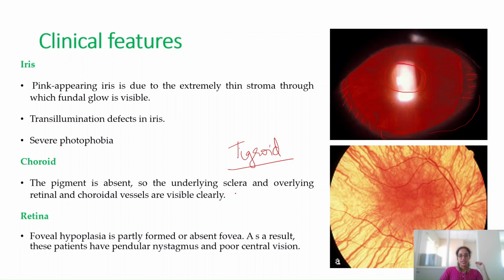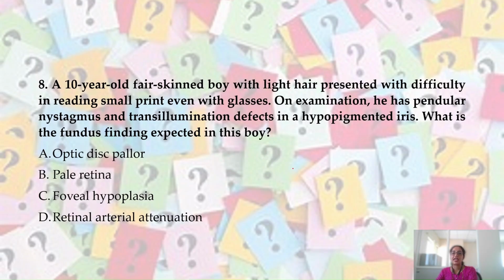Then there is an association: we get foveal hypoplasia. The fovea does not develop well in these patients. As a result, they have a very poor central vision. Their vision might be somewhere around 6/60 to 3/60, and as a result, they have pendular nystagmus. So these are the ocular features of albinism.